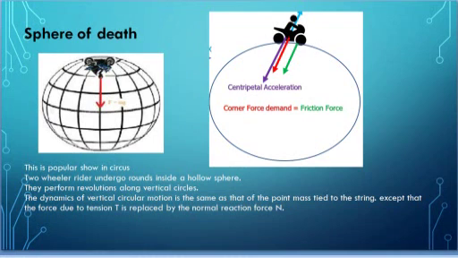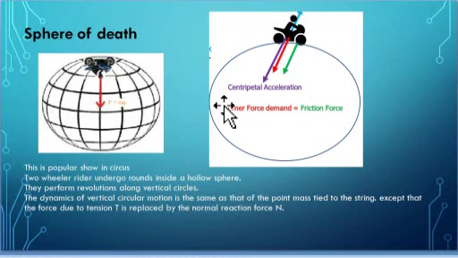Now the second concept is the sphere of death. We have studied in this lesson, that is rotational dynamics, the well of death. This is a similar kind of concept. So here is the sphere of death. You can see this in circuses. This is a popular show in circus.